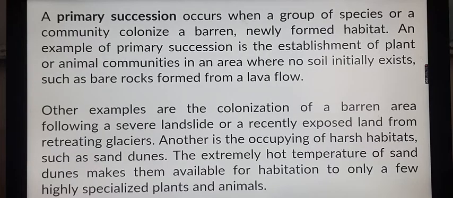So a primary succession occurs when a group of species or a community colonizes a barren newly formed habitat. An example of primary succession is the establishment of plant or plant-animal communities in an area where no soil initially exists, such as bare rocks formed from a lava flow. Other examples are the colonization of a barren area following a severe landslide or recently exposed land from retreating glaciers.